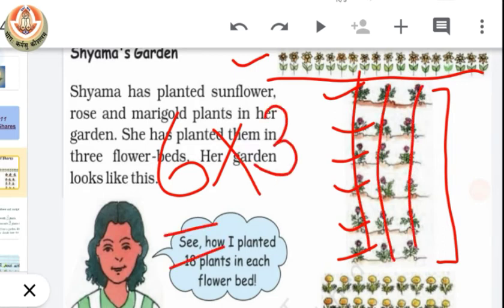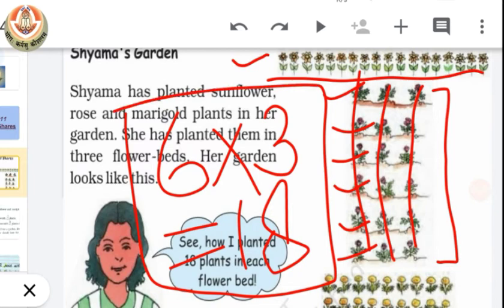That means a total of 18 roses are there. So you can see how easily we can find the total number of roses by just calculating the number of rows and the number of roses in each row.